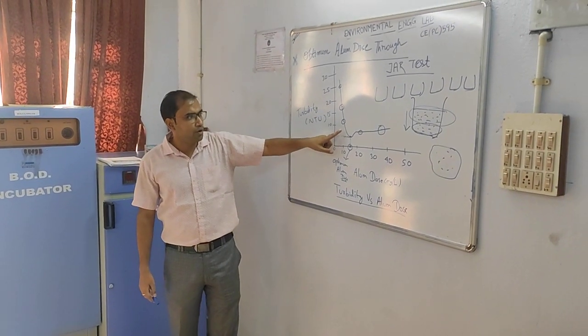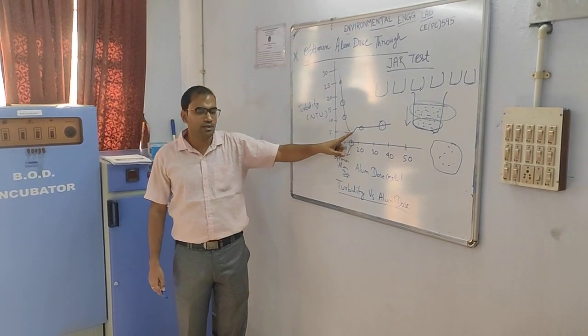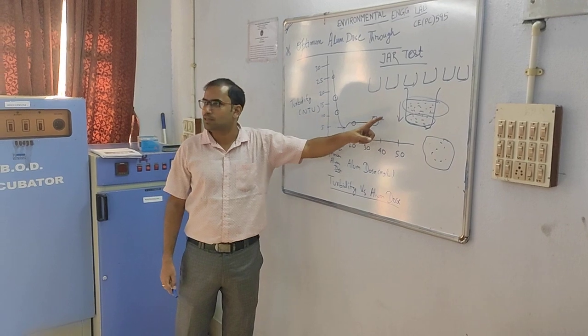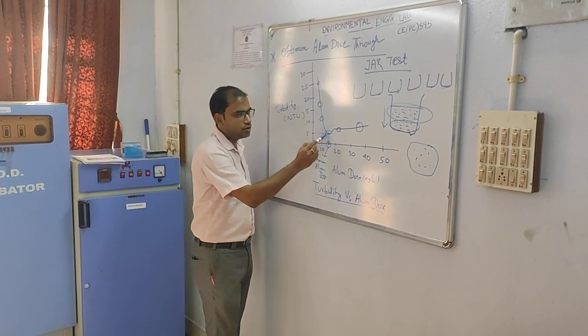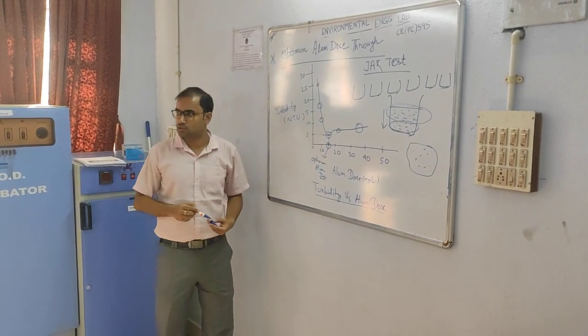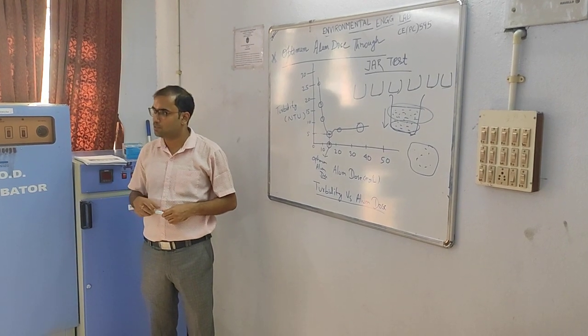At a particular point, you can see there is a drop. There will be a drop at the optimum alum dose. Then after that it starts increasing again and again. At that dropping point, you have to check what the optimum alum dose is, and you have to note that down as your value for the calculation part.